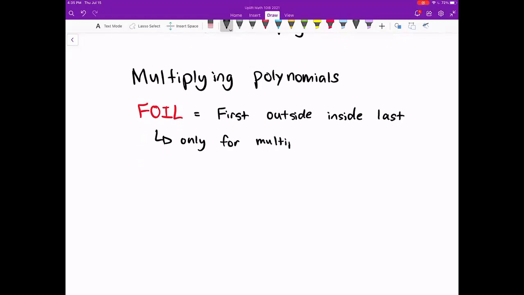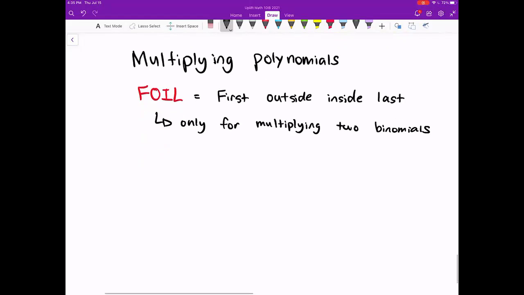Once you get roughly how it works, you can also apply it to other polynomials. So we can multiply the binomial 10 plus x by 10 plus x.